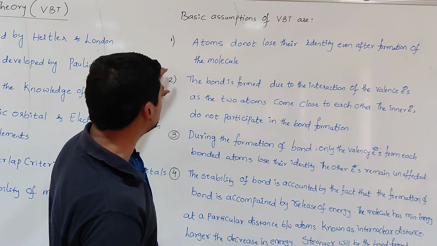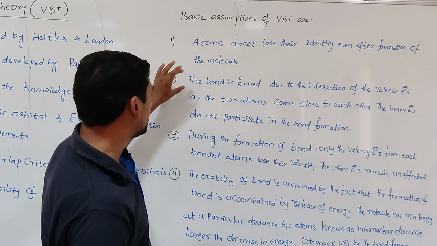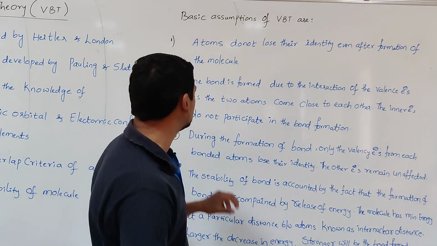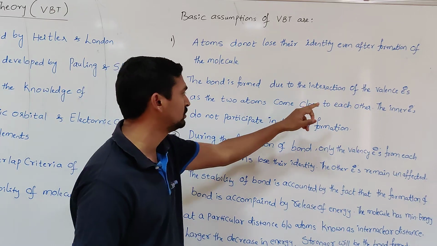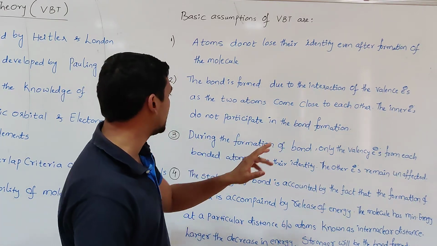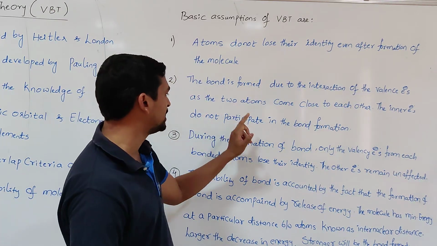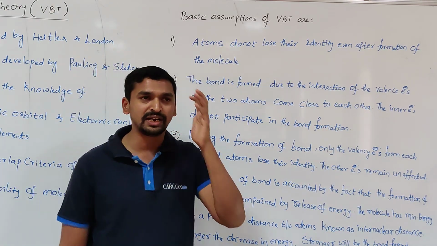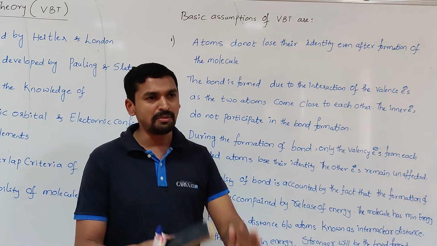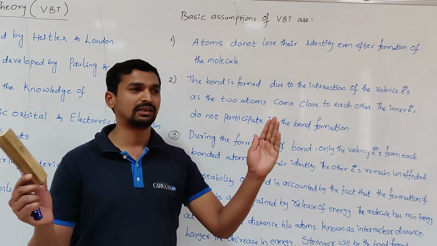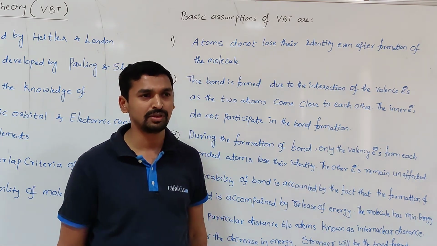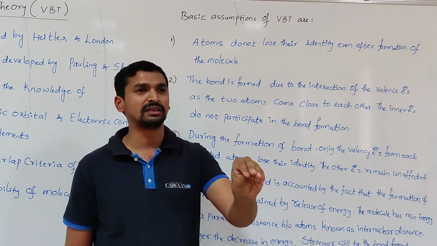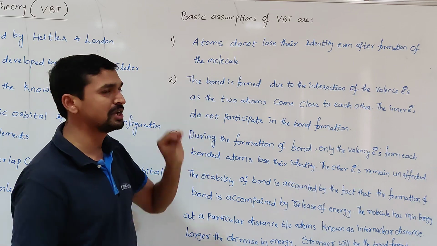The second assumption of valence bond theory is that the bond is formed due to interaction of the valency electrons as the two atoms come close to each other. The inner electrons do not participate in the bond formation. So in the formation of a molecule, the atoms come very close to each other, and only the valency electrons are involved in the bond formation.